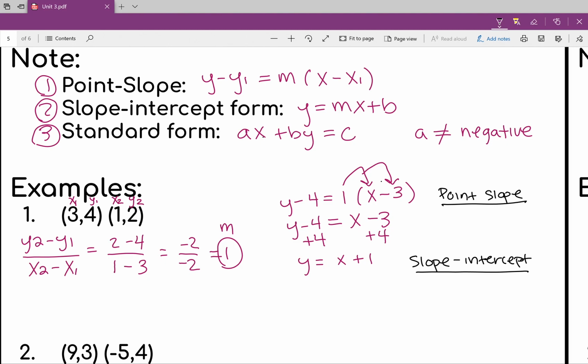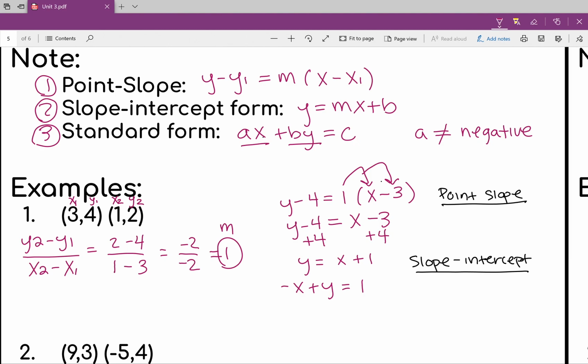Okay, and then I'm going to go one step further and put it in standard form. So notice in standard form, my x's and my y's are on the same side. So that's what I need to try to do. So I can just subtract this x to the other side. So it could become negative x plus y equals 1.